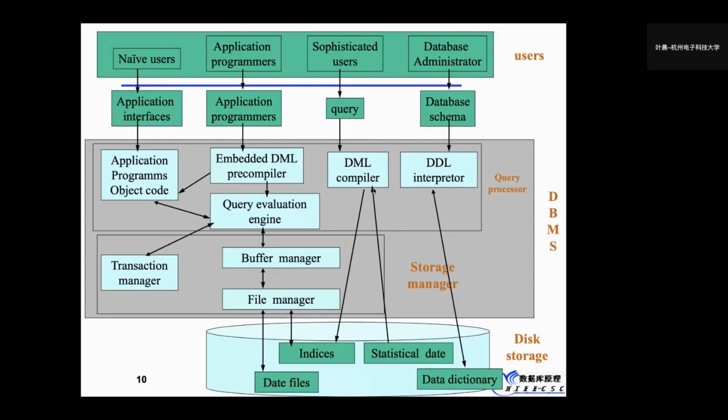Here we have the DML compiler, and we have the embedded DML precompiler, and here we have the query evaluation engine, which will generate the query plans for this query and will select the best plan according to the cost evaluation, and then process the best query plan and get the result.